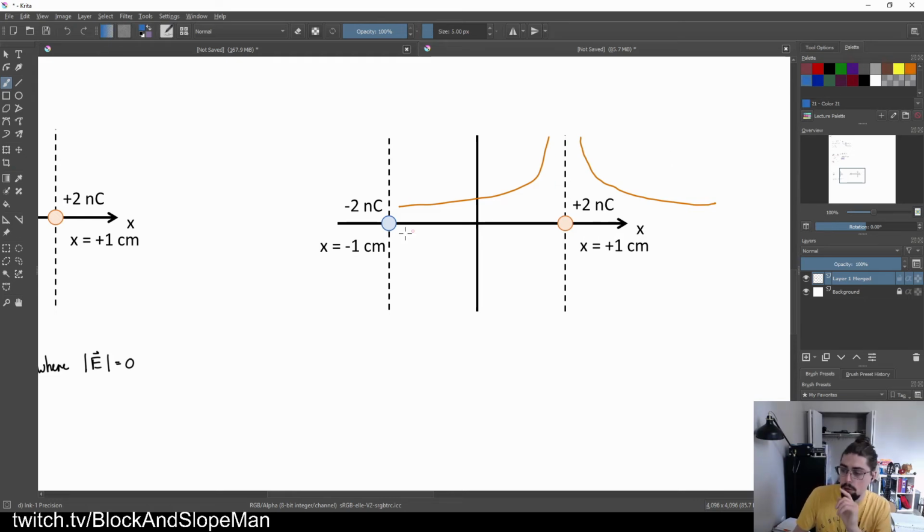Okay, let me think about the same thing with a blue charge. Well, it's a negative charge, so I'm going to have a negative potential, but it's going to do the same thing. It's still a 1 over r. So it should look like that, and it should look like that. Let's think about the differences between these two now.